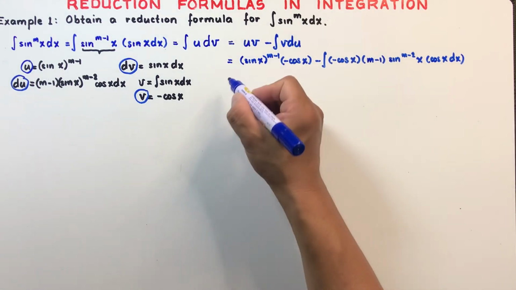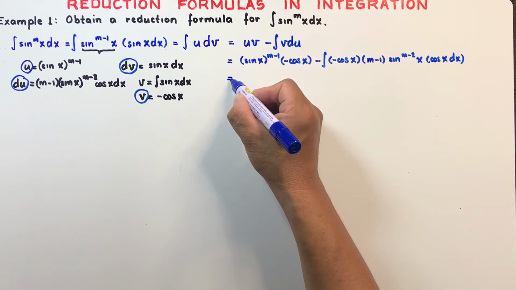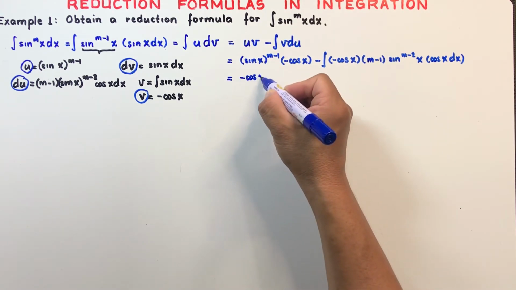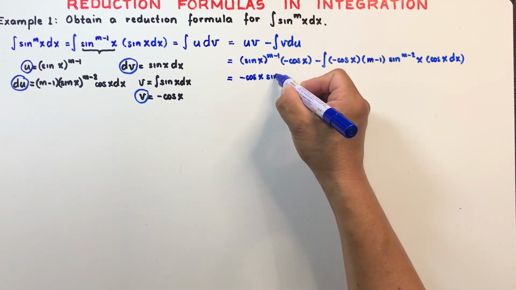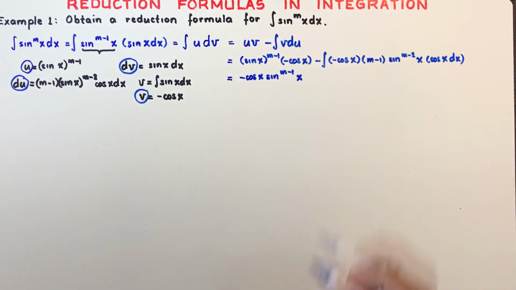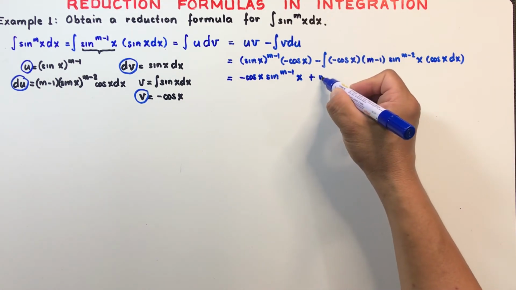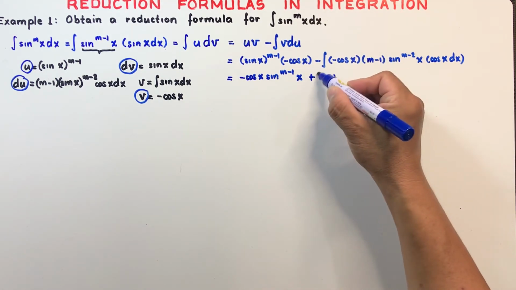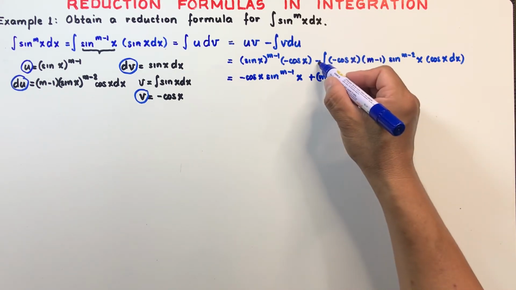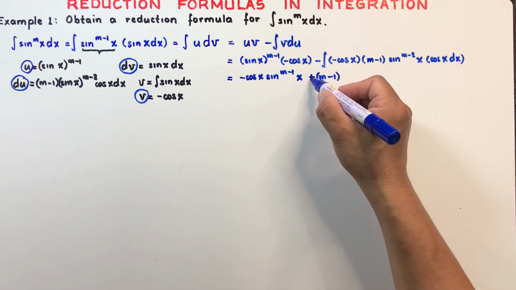So simplifying our answer, we have negative cosine x times sine to the power m minus 1 x plus m minus 1, because m minus 1 here is a constant and the negative of the negative is positive here.